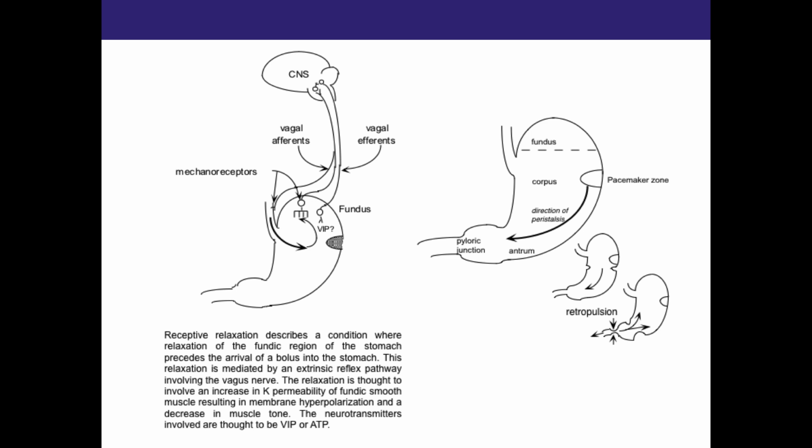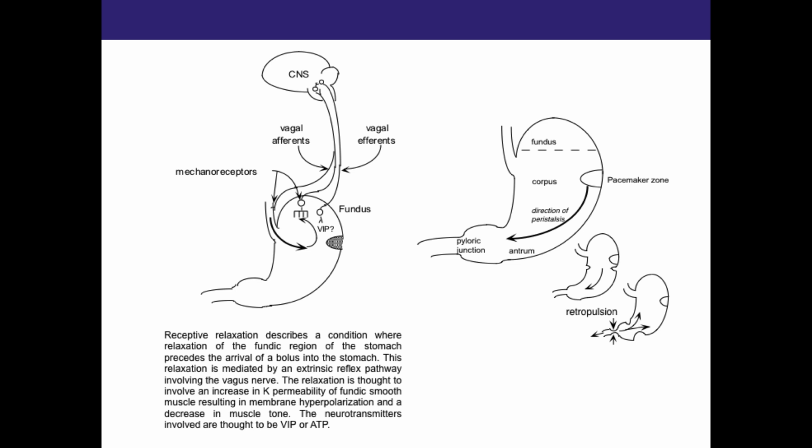It also has these pacemaker cells, very much like the pacemaker cells in your heart, which gives a rhythmic type of peristalsis. Circular smooth muscle, longitudinal muscle, and oblique muscles actually twist the stomach, all helping with mechanical digestion.